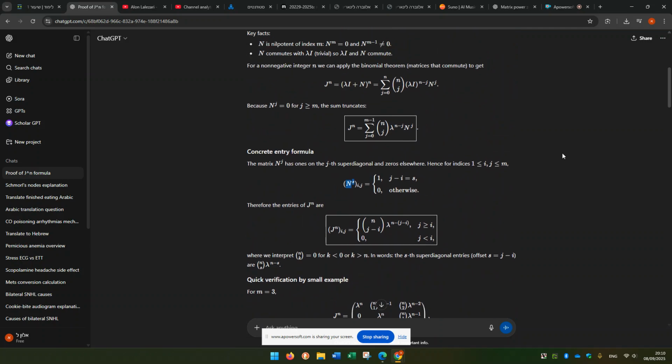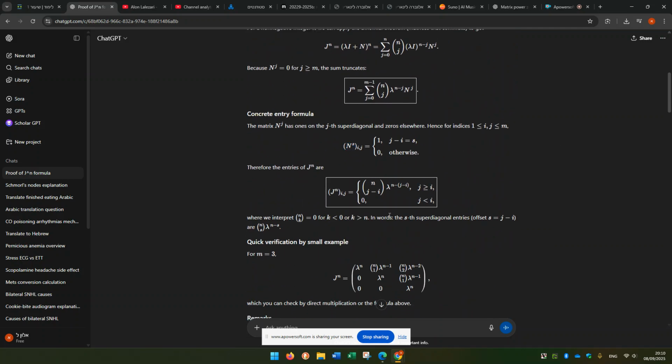You know the idea. So what do we get? We get that if you look right over here, think about it, to which j should we look at? We can look at N to the power of 0, and remember that every matrix to the power of 0 is just the identity matrix.